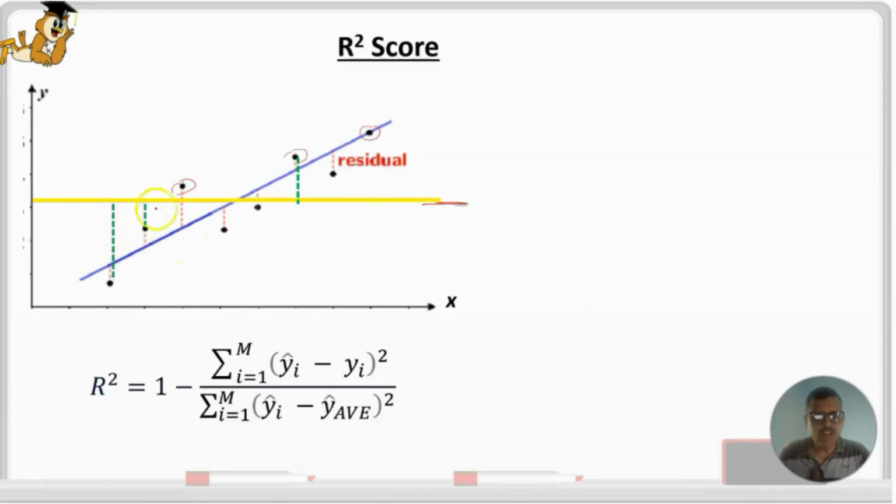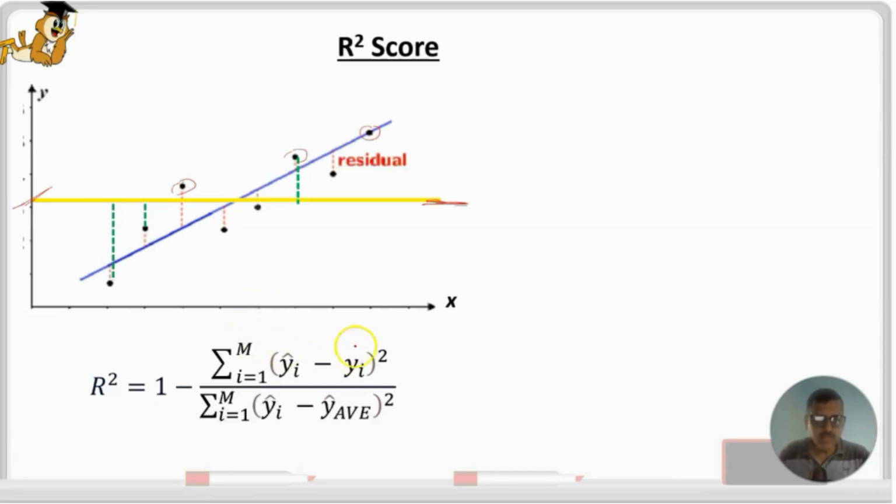So you add the y coordinate of each of these black points, divide by the number of points, and you get the average y, and that's your yellow line. It's naturally flat, it's a constant. So this is the average y for all the black dots. The blue line is your linear regression line, the best hyperplane, the best line in 2 dimensions that you found by running the linear regression.